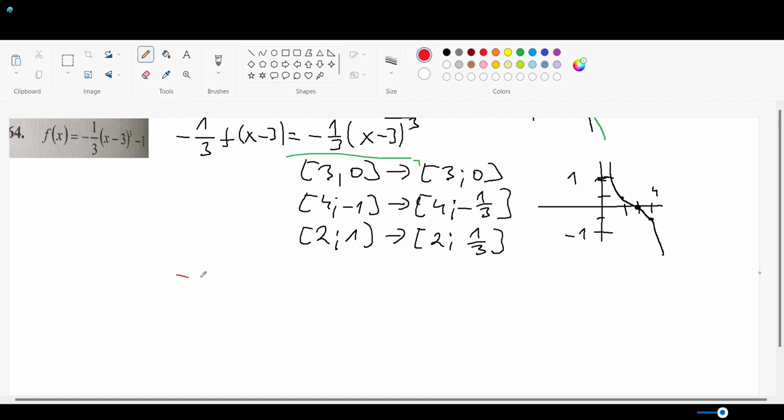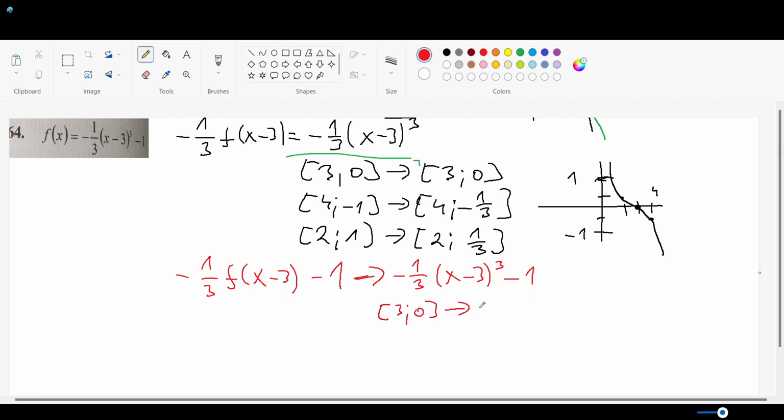We have our -1/3 f of (x take away 3), and now we will apply take away 1 from all the y coordinates of any point of the function, which would then mean that we will have the function given by this definition: -1/3 (x take away 3) cubed minus 1, which means that our point 3, 0 will be transformed to point 3, 0 take away 1, which is -1.